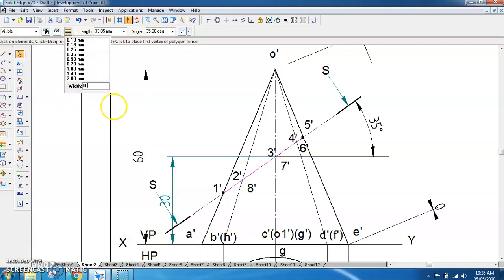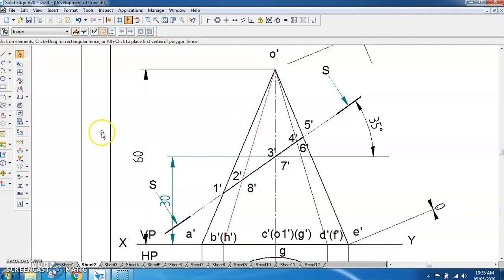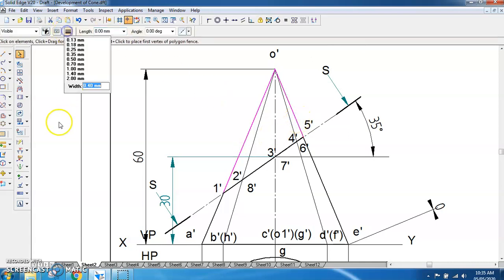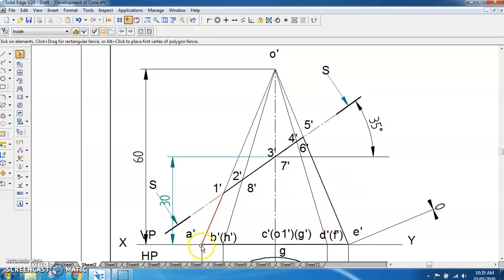The remaining lines, all these lines that you have further here, will all be thin lines. So the remaining portion is only this E dash to 1 dash till 5 dash, E dash. So you have to get this one.